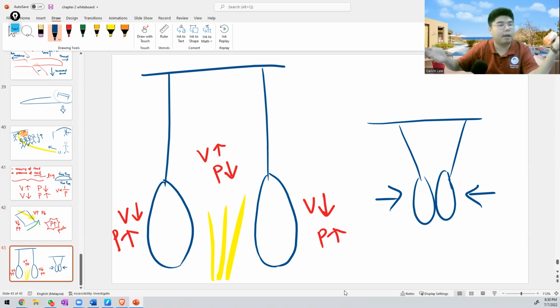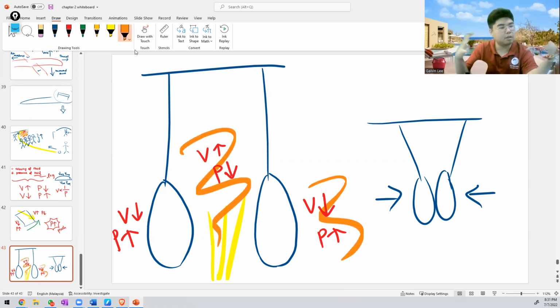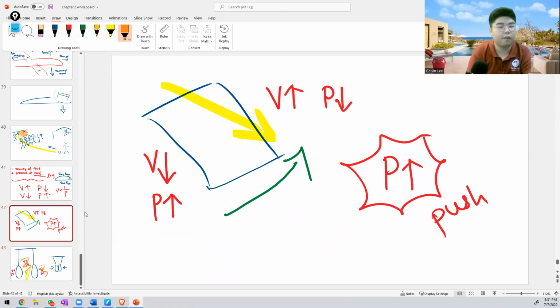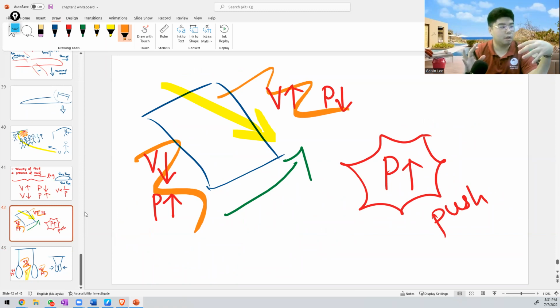So you see, when I told you just now, to describe a situation with Bernoulli, you must establish that there are two areas, because it is the difference between this area and this area which causes it to move. Do you see that?